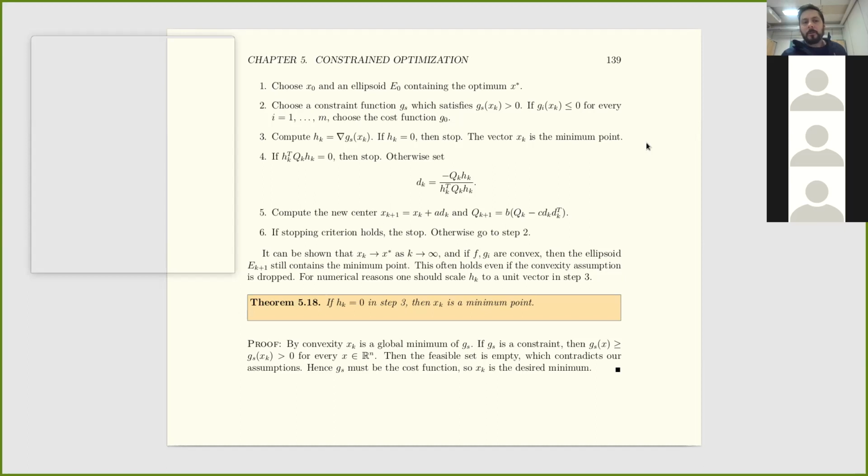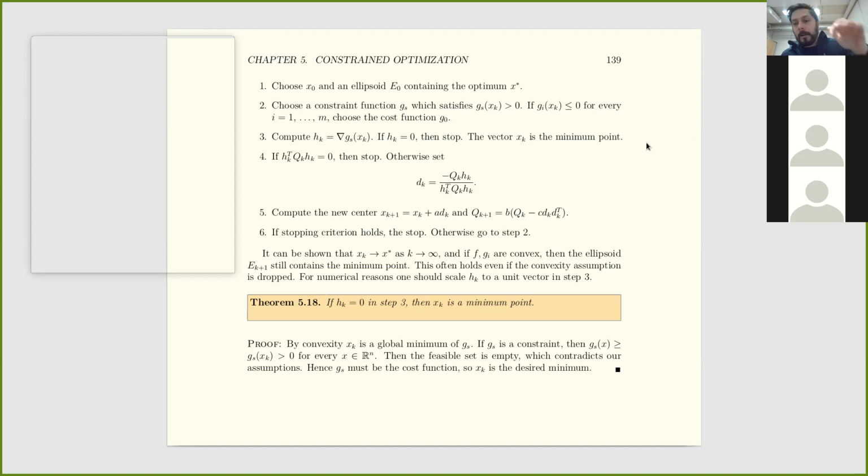So if the gradient is 0, remember these are convex functions. So we know for a fact here at step 3, we're calculating the gradient of g. If we chose a g that is an actual constraint function and it was convex, this cannot have gradient 0, because convex functions only have gradient 0 at the minimum.